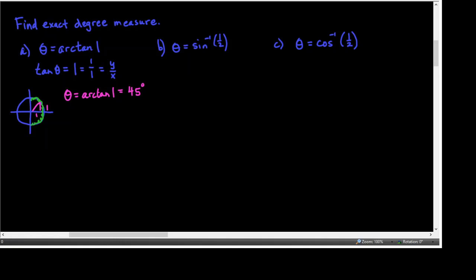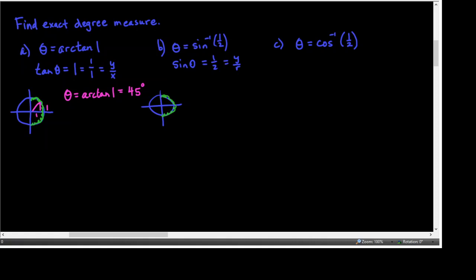Okay. Part B, that equation means the same thing as sine of theta is 1/2. Sine of theta is y over r. Sine inverse only uses values between negative pi over 2 and pi over 2.